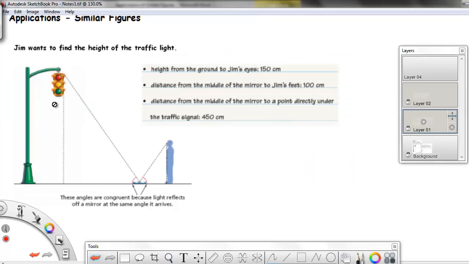Okay. This is the same idea, except just a little bit different. In fact, instead of having a shadow, what we have is a mirror that's been placed so far away where this person can stand in a vertical position. He can look down at the mirror, and then he can see the height of the stoplight.